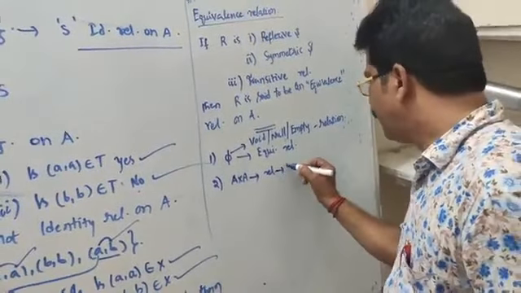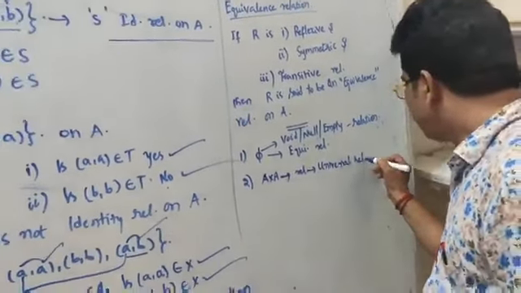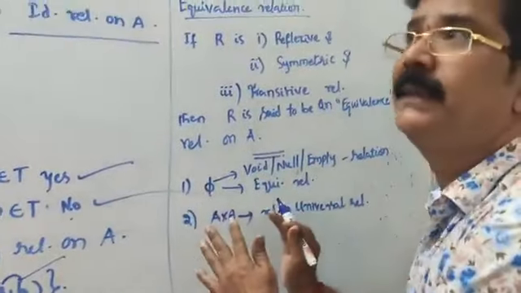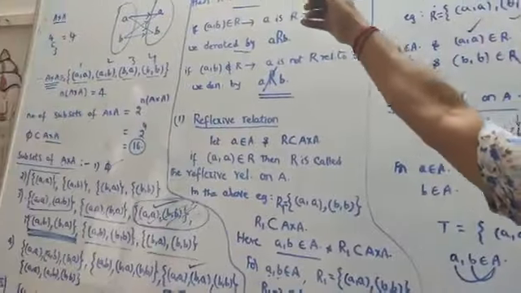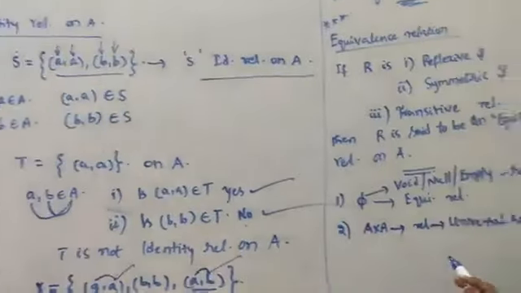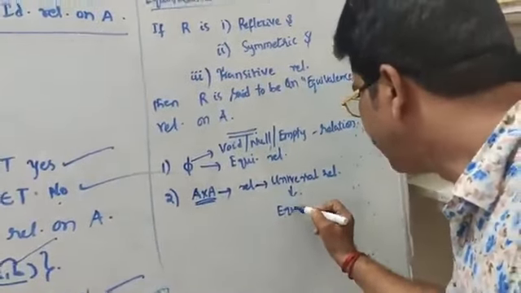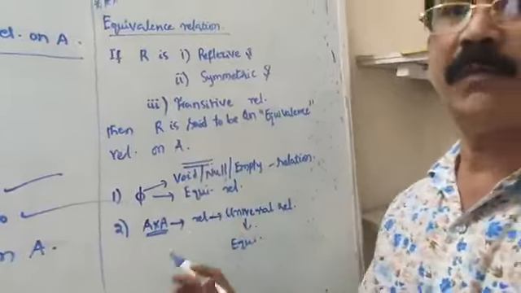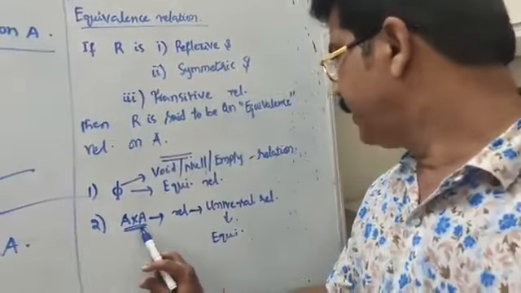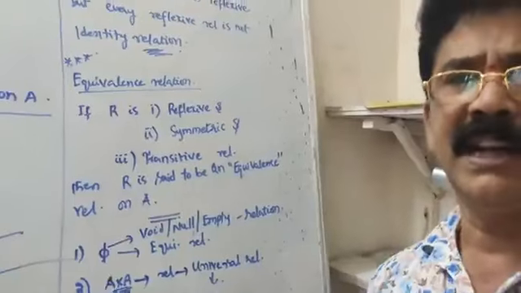This relation is called universal relation, because it is the complete set on capital A, the set of A comma B. Thus, A cross A means the universal set is always an equivalence relation. So therefore void relation and universal relation are always equivalence relation.